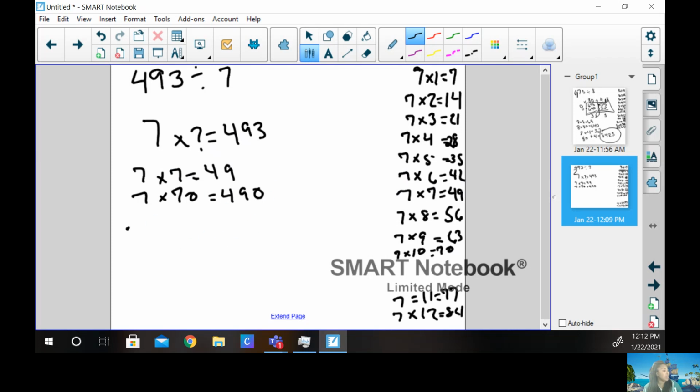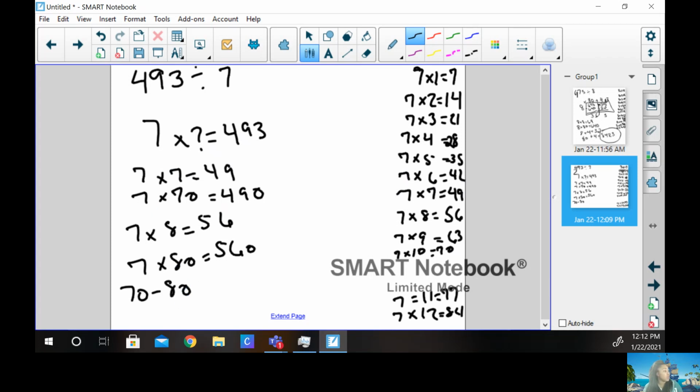The next one is 7 times 8, which equals 56. So I know that 7 times 80 is 560. So now I know that my number, my unknown, is going to fall between 70 and 80.